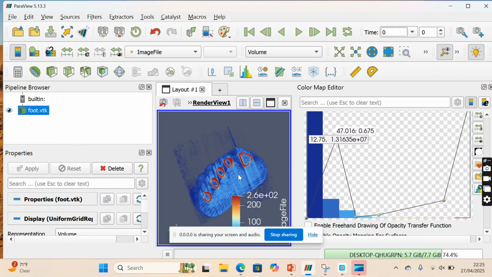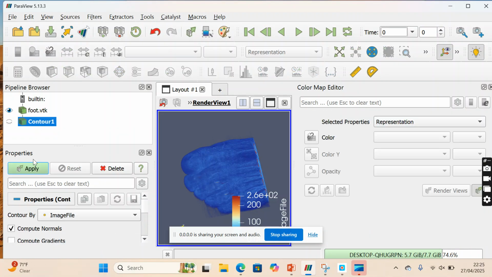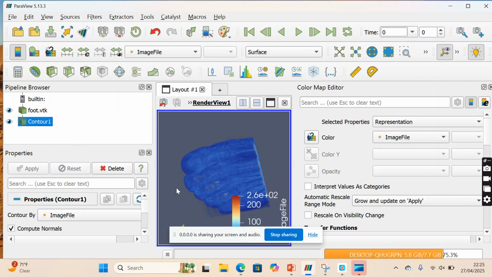I can see these are the veins, the tissues, the bone tissues. I can be able to see the toes, and then I can apply contours.